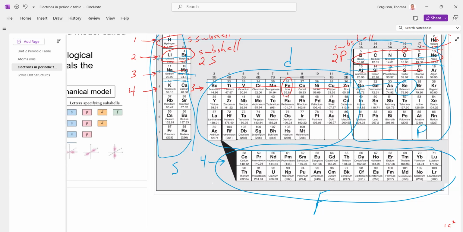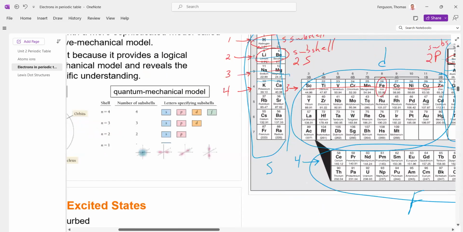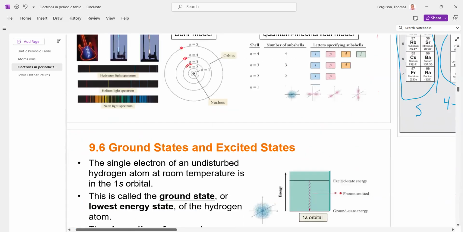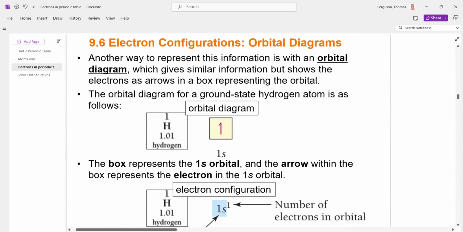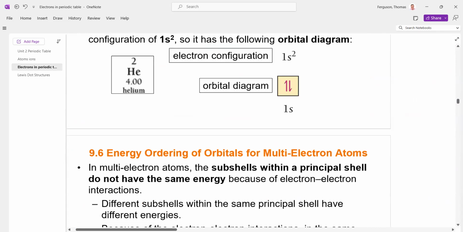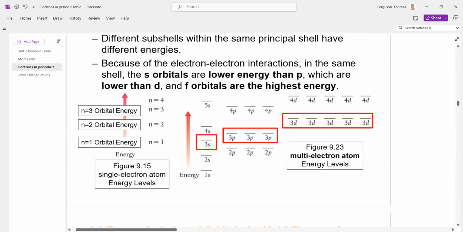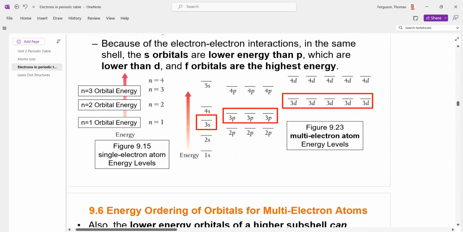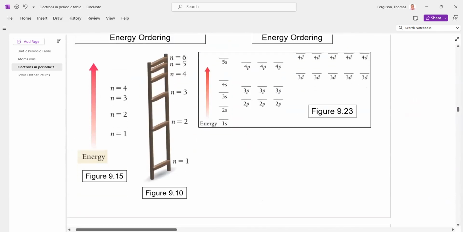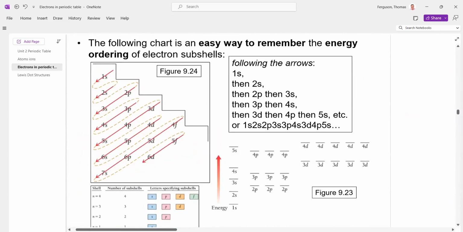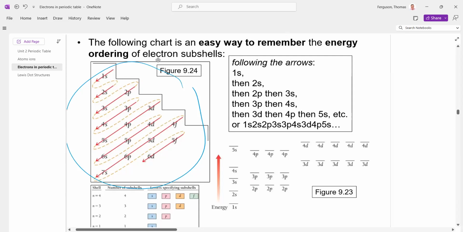So this here is the way your textbook has you remember it.